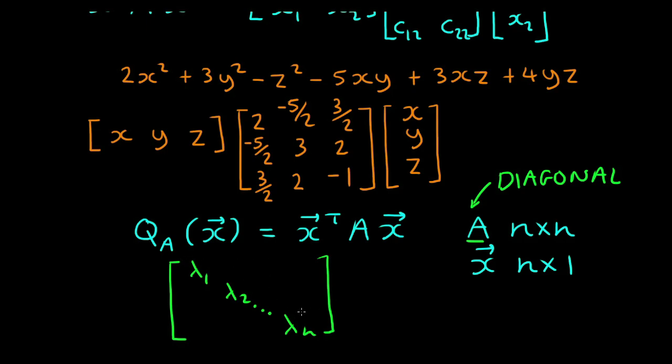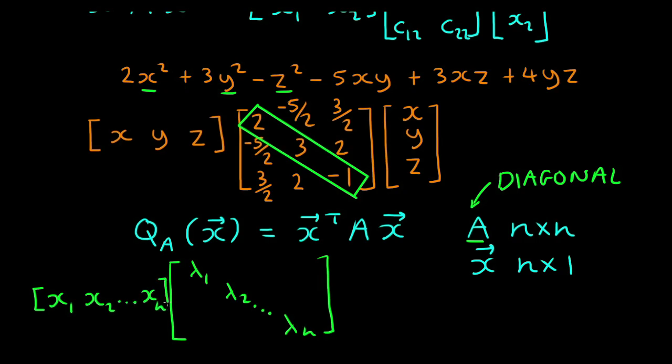So essentially in this case, we'd have no cross terms and only squared terms corresponding to the entries on a diagonal. So we'd write the quadratic form as follows. So we'd have x being transposed, multiplied by the diagonal matrix, and multiplied by x.